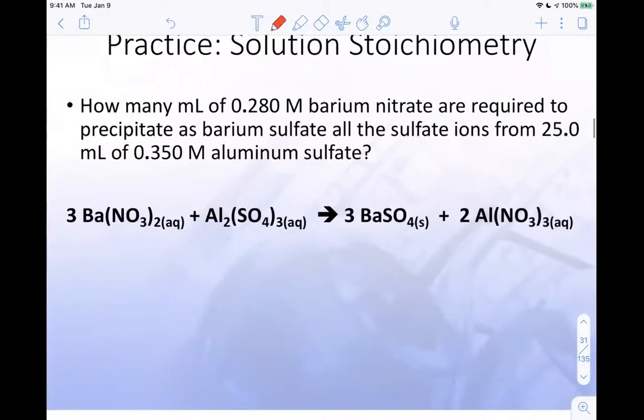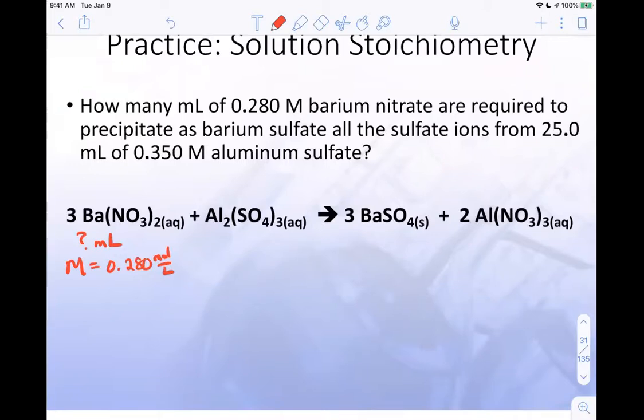Here's another one. How many milliliters of barium nitrate, and I know the molarity of this barium nitrate is 0.280 moles per liter, is required to precipitate as barium sulfate all of the sulfate ions. So I'm getting a total reaction.